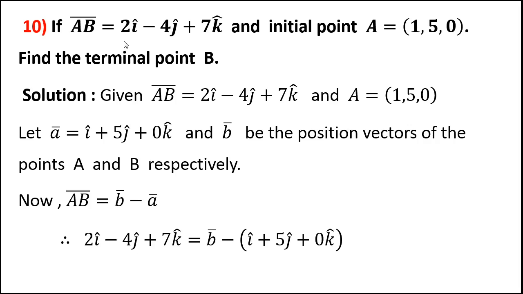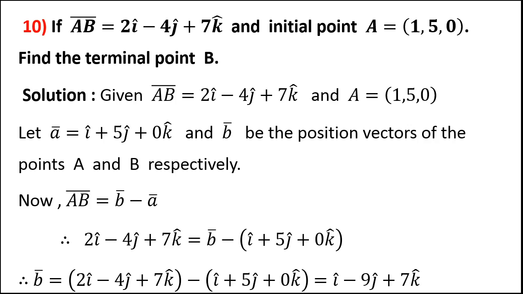AB bar is 2i minus 4j plus 7k. A bar is also given. We can find B bar. Just shift this vector to left side and this is value of B bar. So this is how we can find position vector of B, and from position vector of B we can find coordinates of B. They are 1, minus 9, 7.